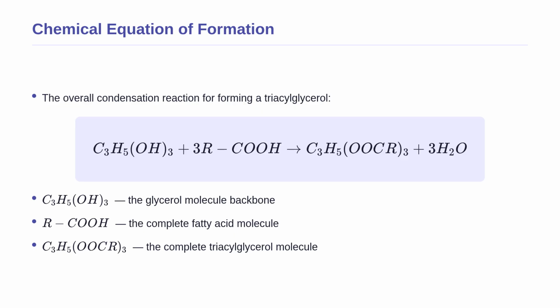When one glycerol combines with 3 fatty acids, they form the complete triacylglycerol molecule on the right and release 3 molecules of water. If the length of the R chain increases, the melting point and molecular weight of the resulting fat will also increase, turning liquid oils into solid fats.